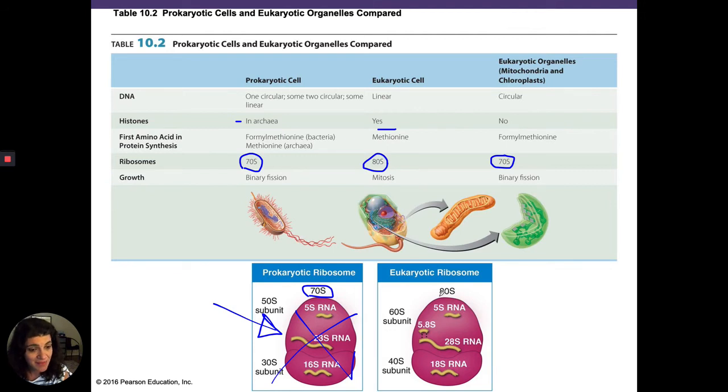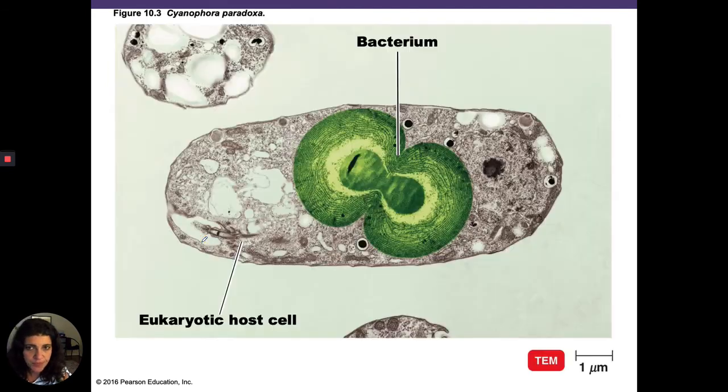And at the same time, you're not affecting your 80S ribosome. So you're not stopping the host cell synthesis, only the bacterial cell synthesis. So it's a very selective mechanism that helps you get rid of microbes through antimicrobials. Okay? And remember, eukaryotic cells grow by mitosis and prokaryotic cells through binary fission.